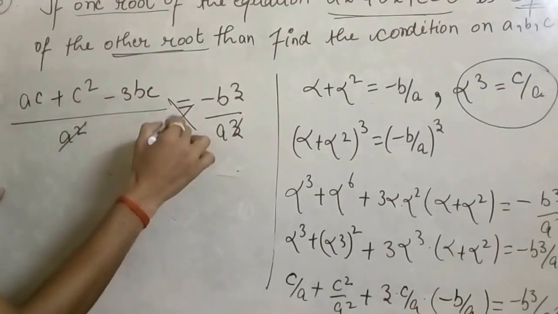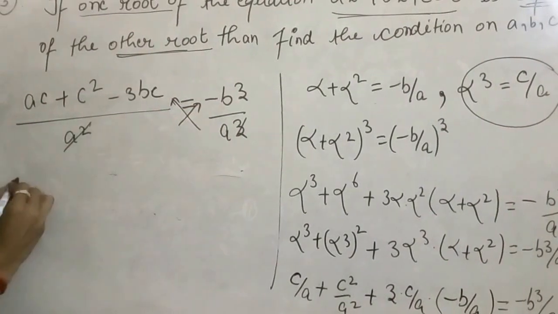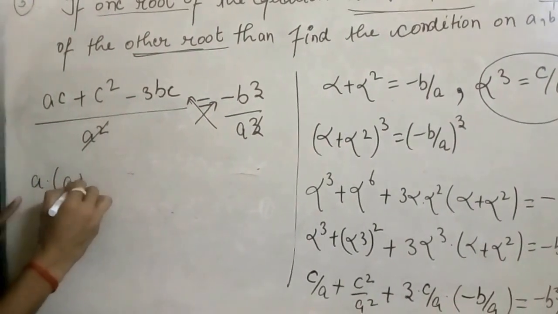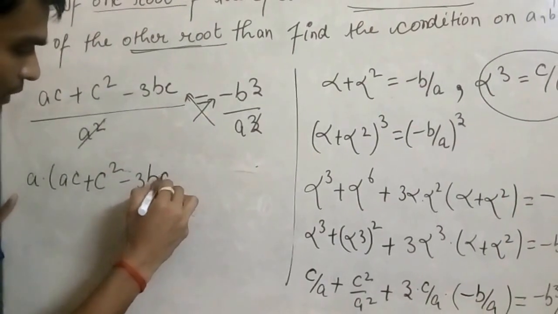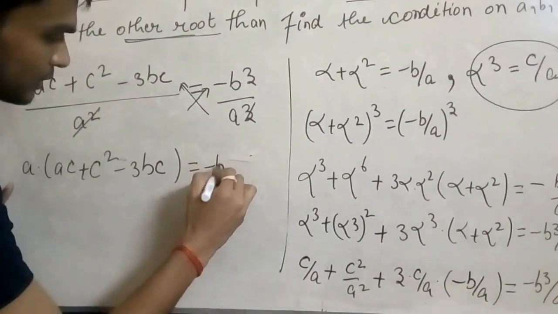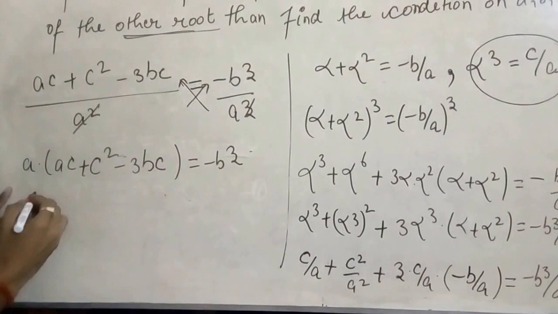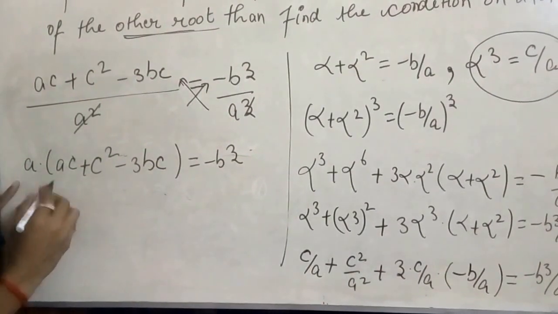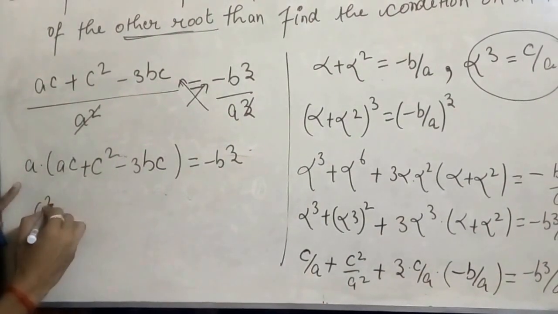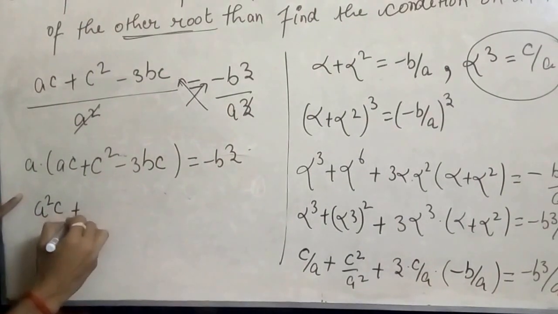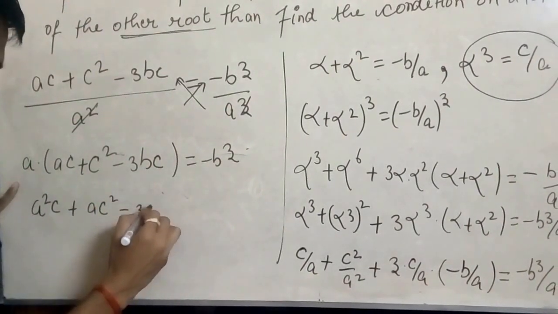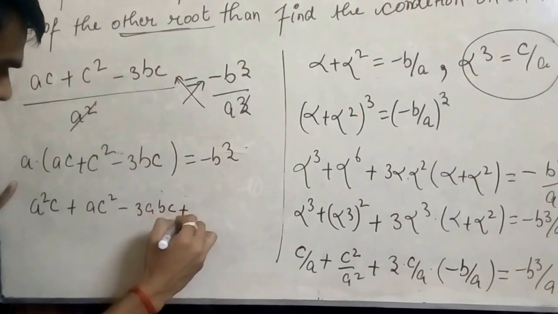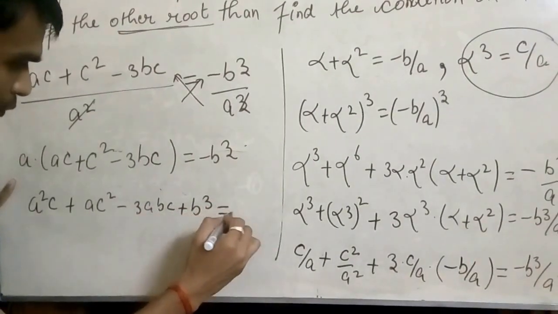If we do the cross multiplication, then we get a into ac plus c square minus 3bc equal to minus b cube. If we solve this equation, then we get a square c plus ac square minus 3abc plus b cube equal to 0.